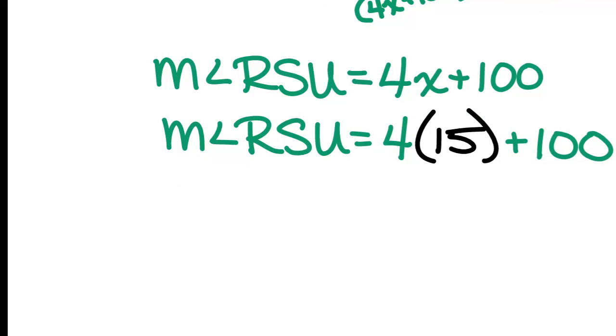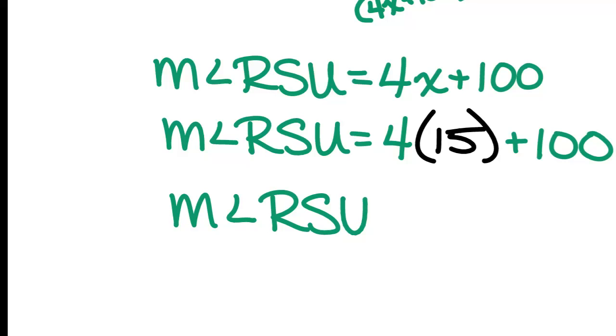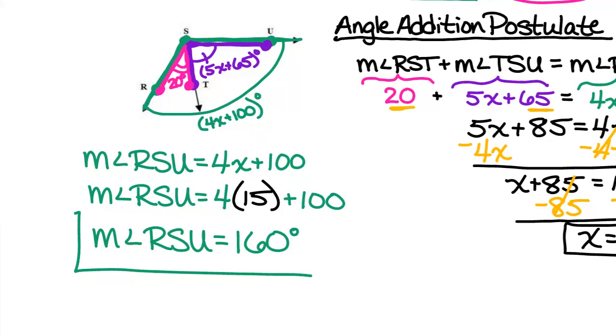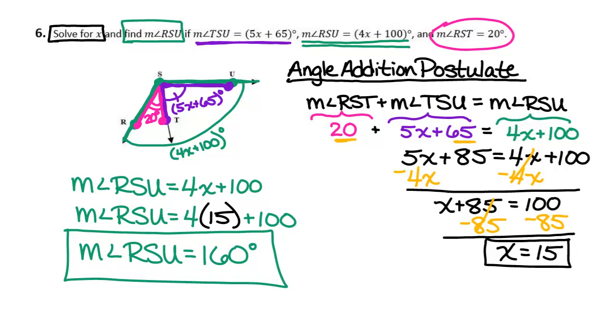And what do I get when I do 4 times 15 plus 100? We get 160 degrees. Absolutely correct. So we found x, and we found the measurement of angle RSU. Absolutely fantastic, guys.